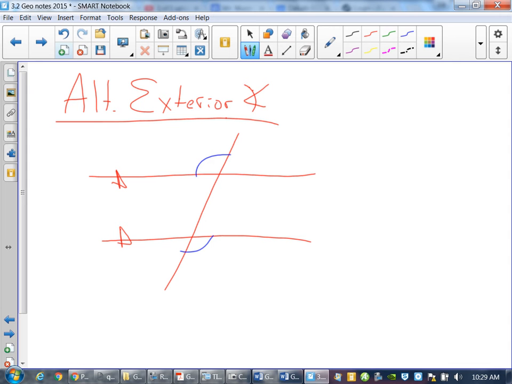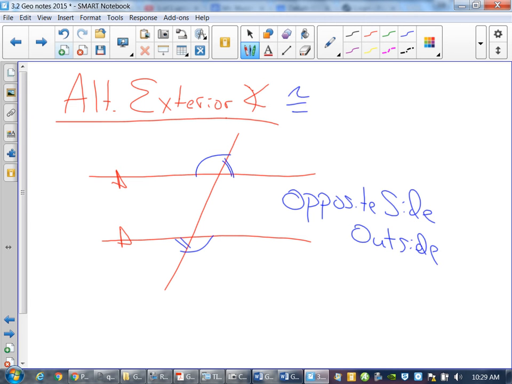Here, and here, there, and there. Opposite side, on the outside. And lo and behold, if the parallel lines are cut by a transversal, those are also going to be congruent.